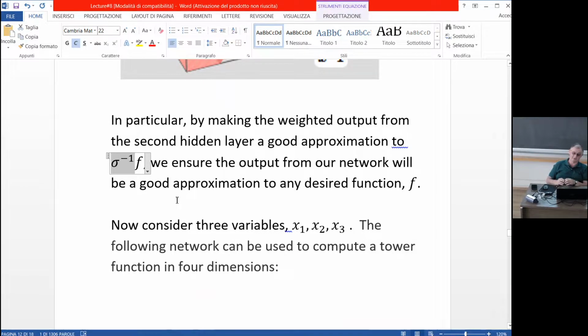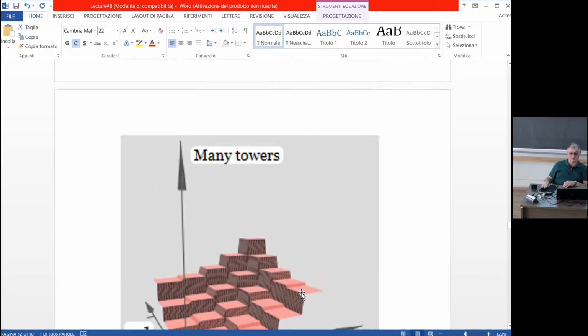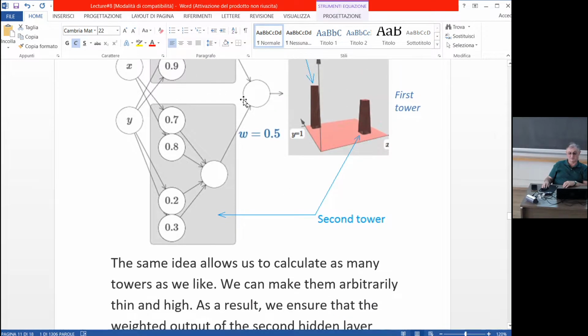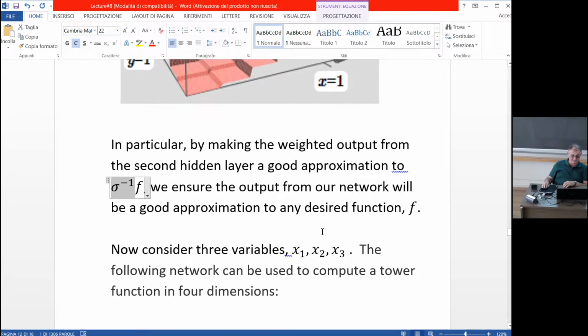So at the end, at the output neuron of our network, we obtain the desired function f up to the tower approximation, which we have arranged. And such approximation can be done with any grade of precision we want.